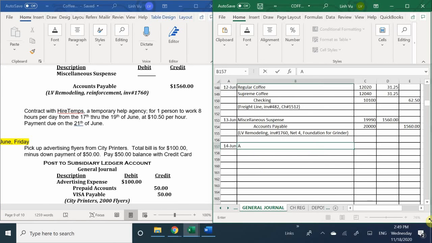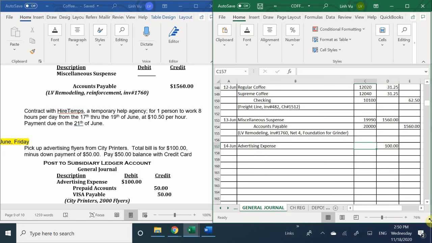How we understand this is because in the first place, we never recorded that we had $50 worth of advertising, because we hadn't received the flyers. So you did not really incur any expenses there. Now that I came to pick it up, this is where I can recognize the full amount of my advertising expense. So here you go, advertising expense for the amount of $100.